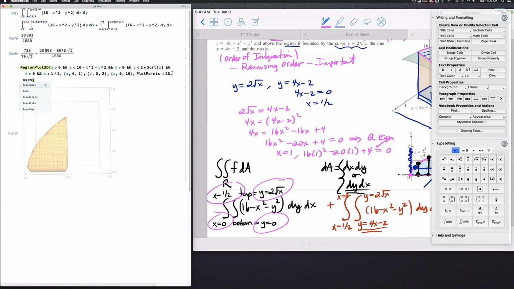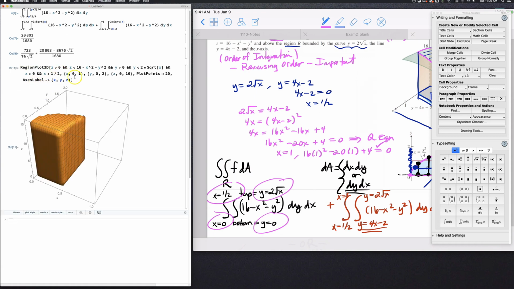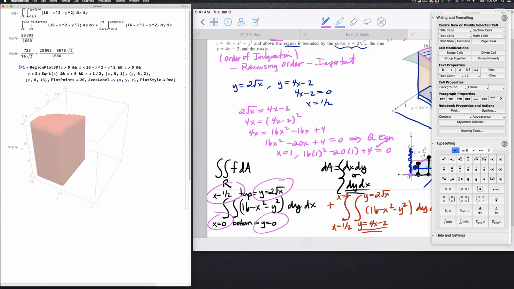You can put an axes label, goes to x, y, z. Okay, and we can give that plot style goes to red. And we can call this plot 1.